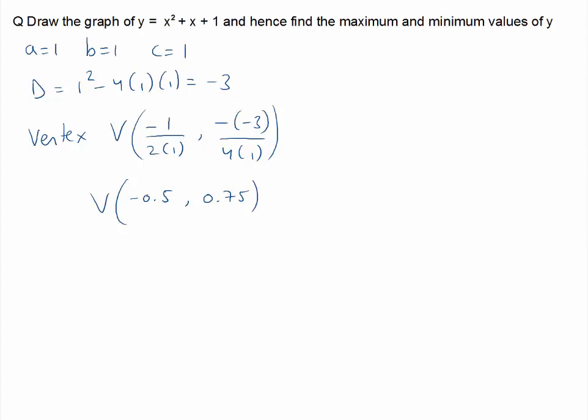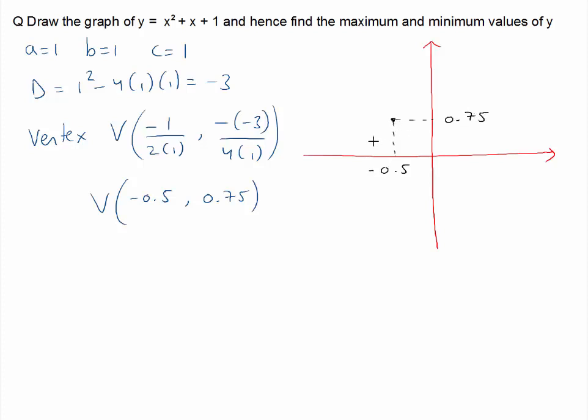Now let's draw the graph. Let's say this is the x-axis and this is the y-axis. Now the vertex is minus 0.5 comma 0.75. So let's say it's here. This is minus 0.5 and this is 0.75.